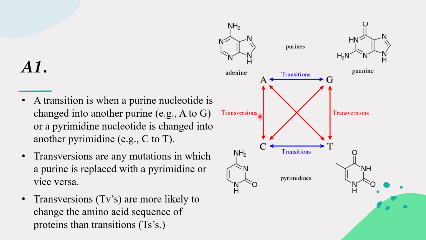Then it will be binding with G or C, like this. So that may change the whole reading frame, and the sequence will be changed, and that's why it leads to a different protein product in all the cases. And that's why transversions are more likely to change the amino acid sequence, because it acts like a frame shift mutation and changes the whole reading frame. Okay, understood?